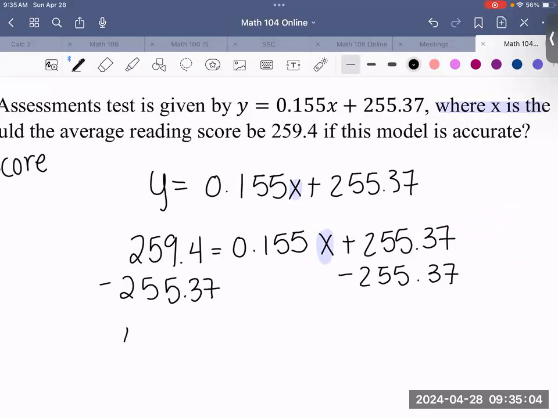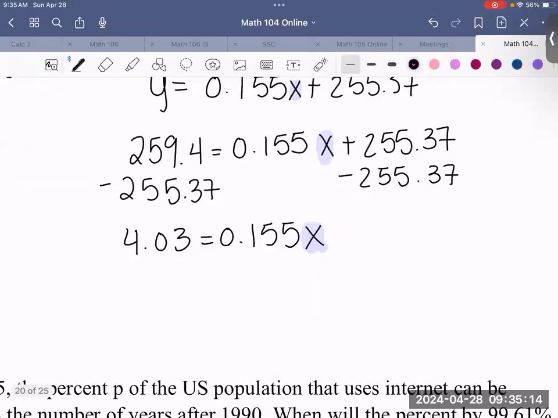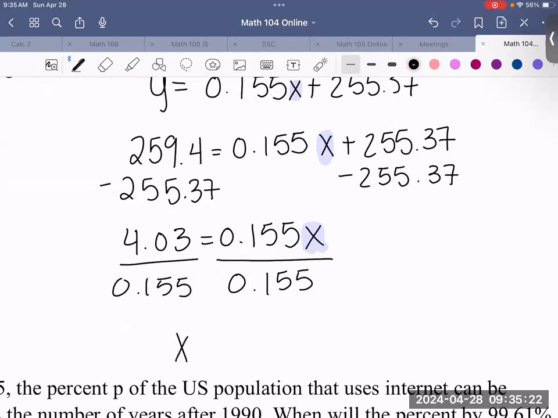So we have 4.03 is equal to 0.155x. Now that the x value is all alone, we can go ahead and divide by that number, where x is equal to 26.